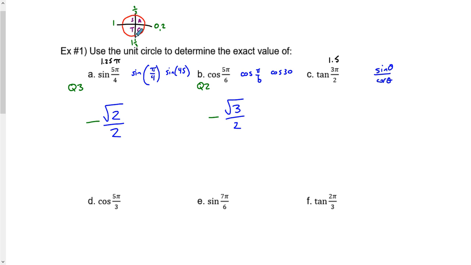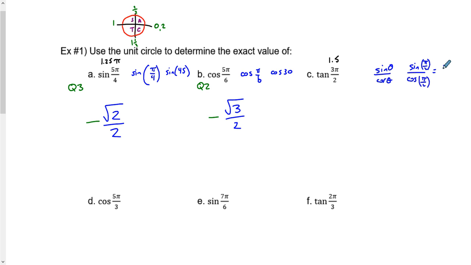Well, what's our reference angle down here? So actually, now I'm going to put it in radians, then I'm going to put it in degrees. Sine, then our cosine. Pi over 2.